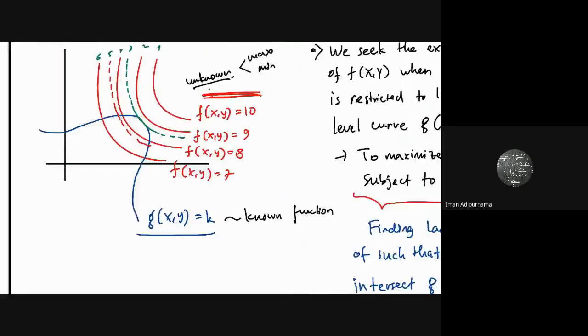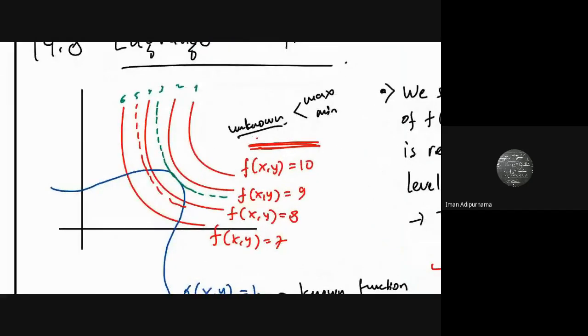So here, at this point, if that is the intersection, when you have the gradient vector at this point, both gradient vectors of f and g will be parallel. They have the same directions, right?